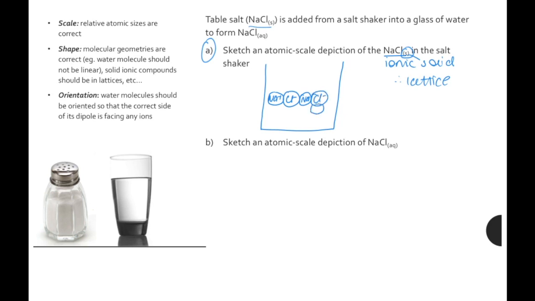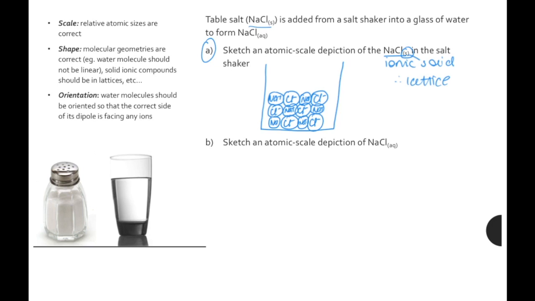And see, it's like a checkerboard. We've got the sodium alternating with the chloride because those opposite charges attract each other. And you would continue this until we've got enough that we can see that there was a solid clump in the salt shaker.